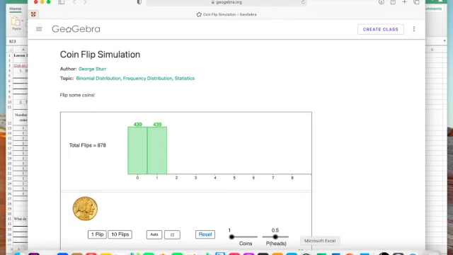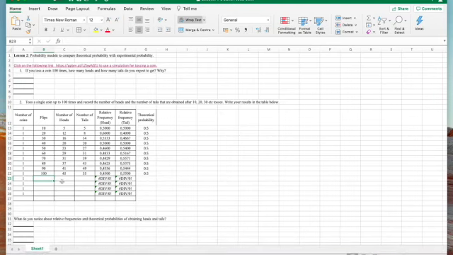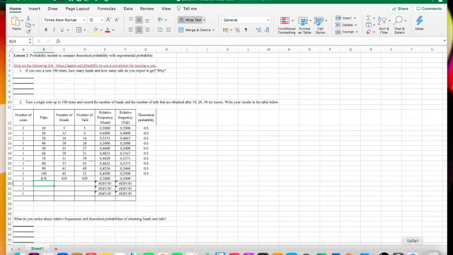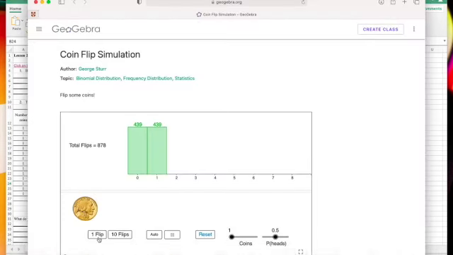So you could ask yourself, do you think that 0.5 will be maintained? After 878, we got 439 heads and 439 tails, which obviously gives us relative frequencies of 0.5 for each of those. But the thing is, will that be maintained? Let's check. Let's continue a little bit more. Let's keep tossing that.